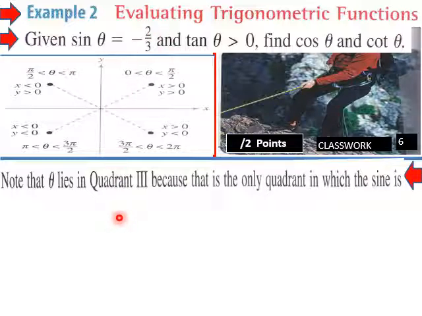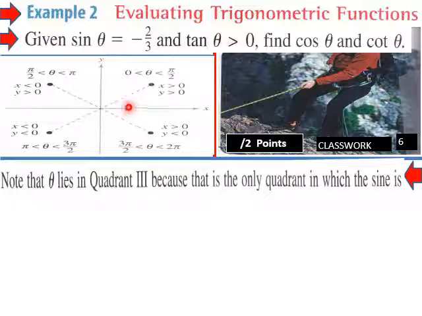So it would be negative. Over here, sine would be negative, and tan would be greater than 0.